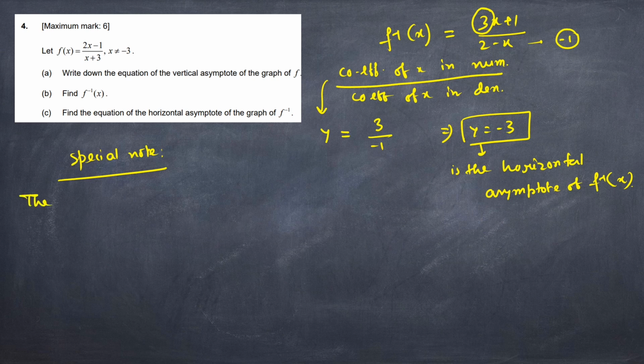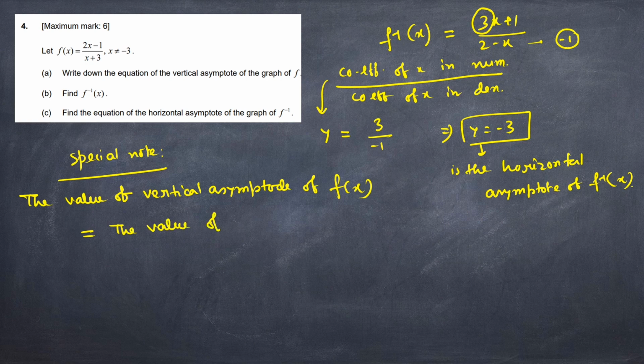That is the value of vertical asymptote of f(x) is equals to the value of horizontal asymptote of f inverse x. So this is a very important point. The value of vertical asymptote of f(x) is equals to the value of horizontal asymptote of f inverse x. So in this way, this problem is also done.